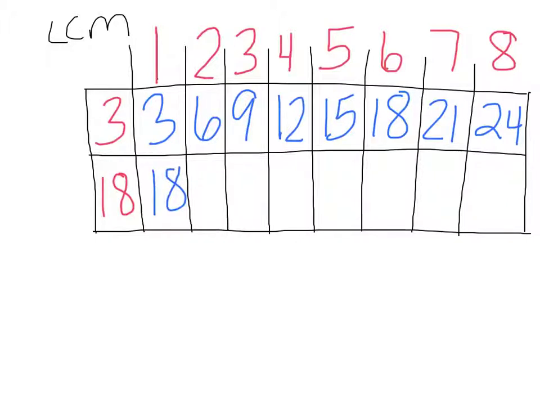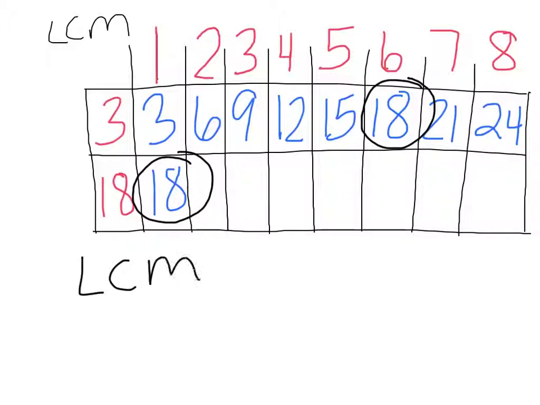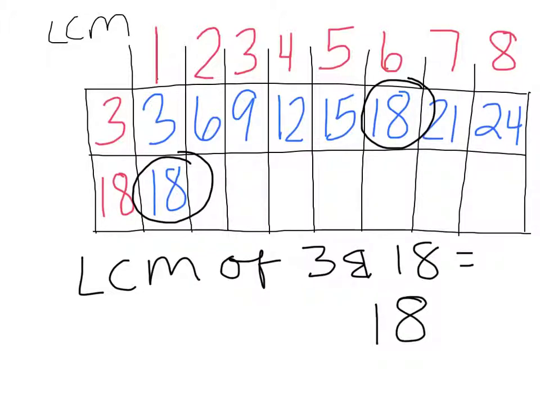But then you know what? I can stop because I see that there's already a number that's in common. So you don't have to keep going forever and ever. You get to stop whenever you find the smallest one in common. So the LCM of 3 and 18 equals 18.